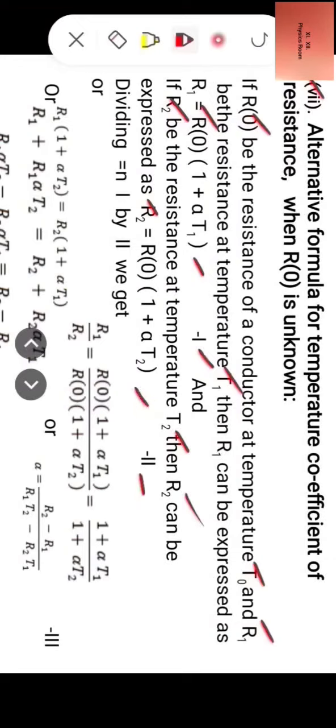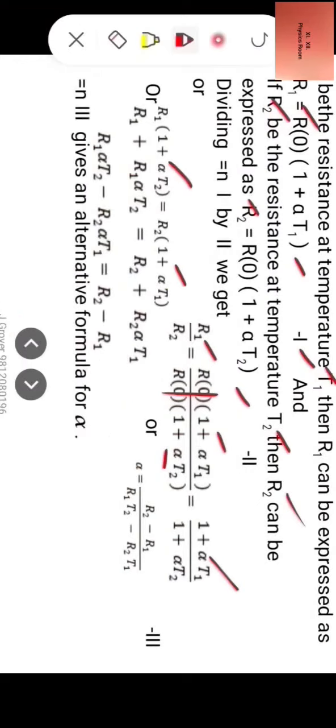Now dividing equation 1 by equation 2, we get R1 by R2 is equal to R0 into 1 plus alpha T1 divided by R0 into 1 plus alpha T2. So R0 cancels, and we are left with 1 plus alpha T1 divided by 1 plus alpha T2. On cross multiplying we get R1 into 1 plus alpha T2 is equal to R2 into 1 plus alpha T1.